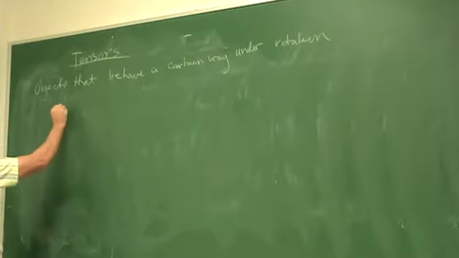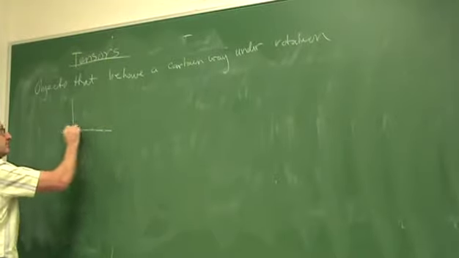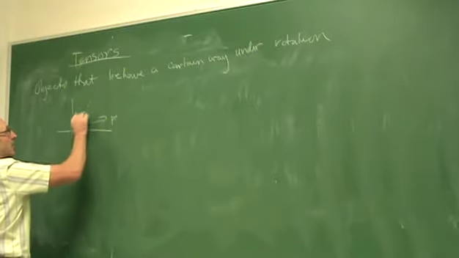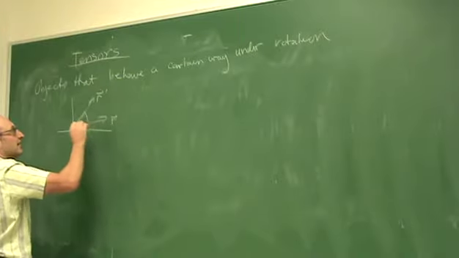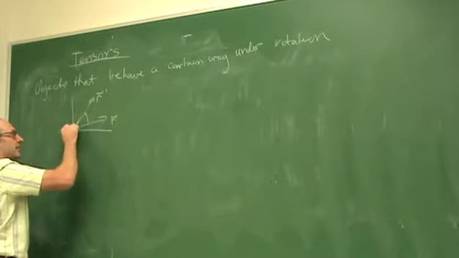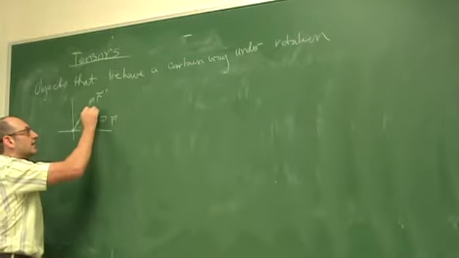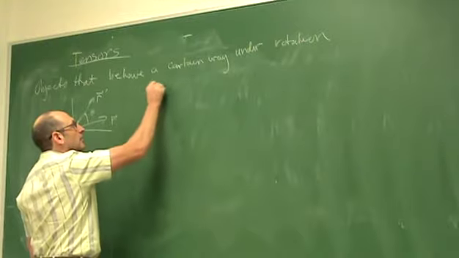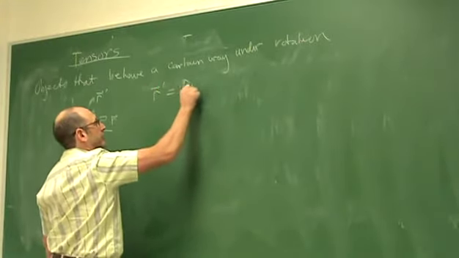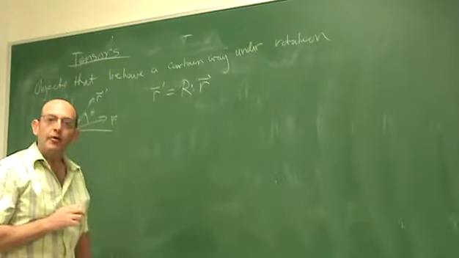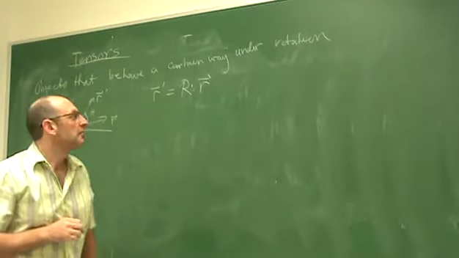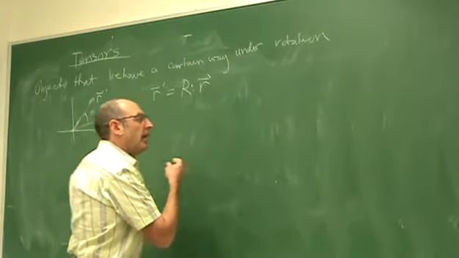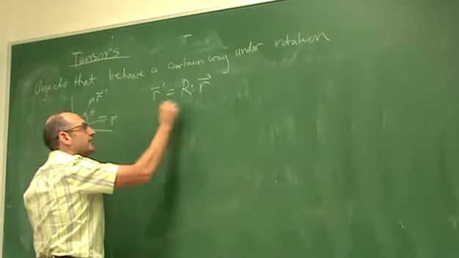So if I have a position vector, and I rotate it to a different position about some axis, then we have a rotation transformation. And that rotation transformation is defined by the action of a matrix on the coordinates.